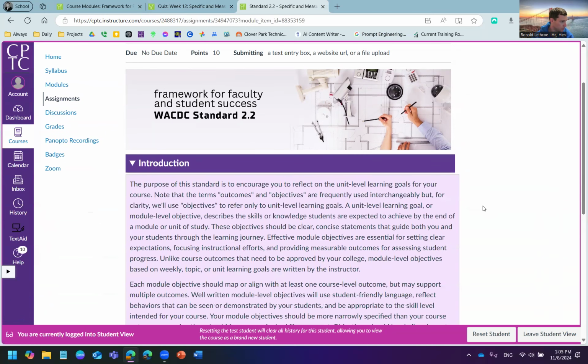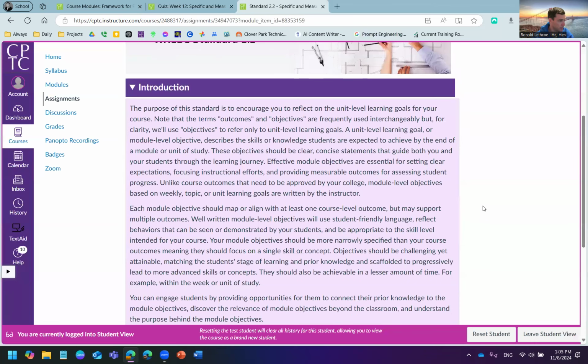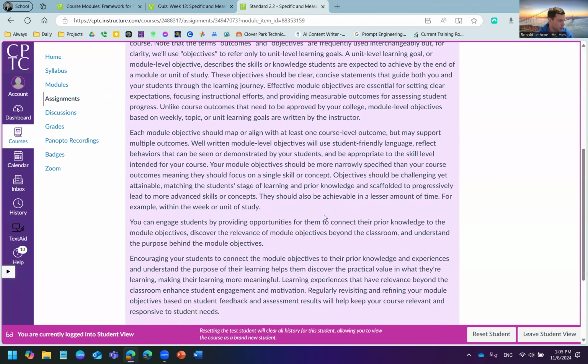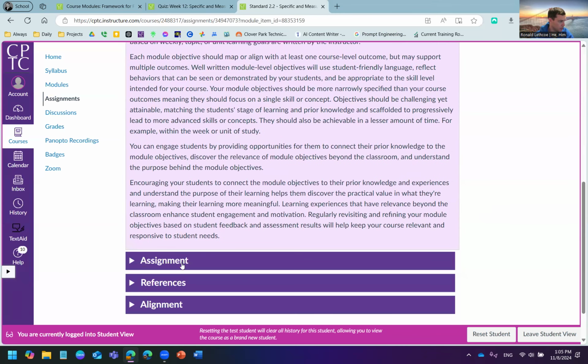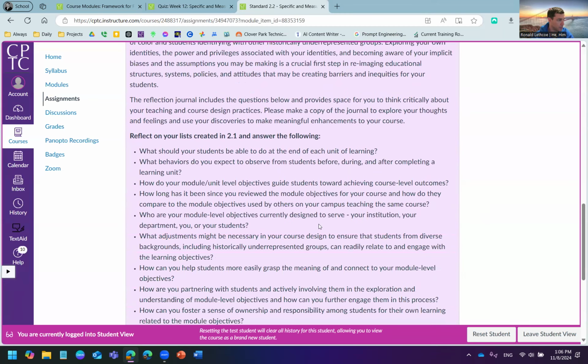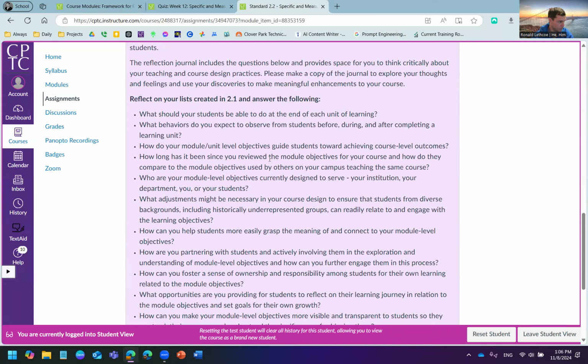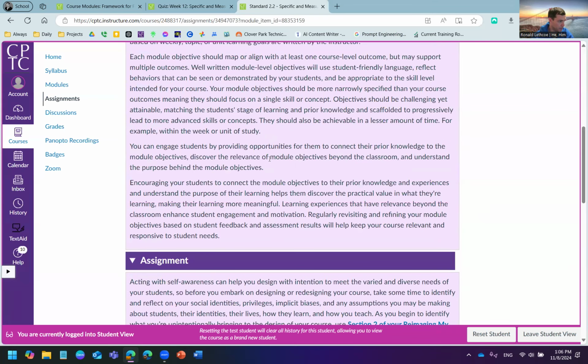Standard 2.2 is, like I said, focused on the objective. And this is another standard week, so our assignment is going to be reflection based. There are a list of questions here that I think we can start to go through as we have this time together.